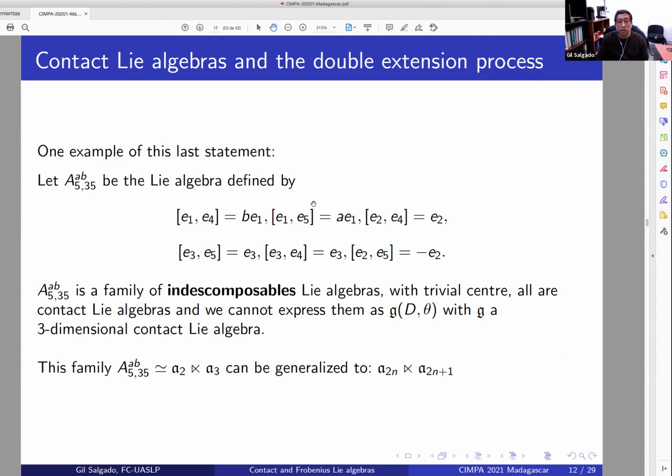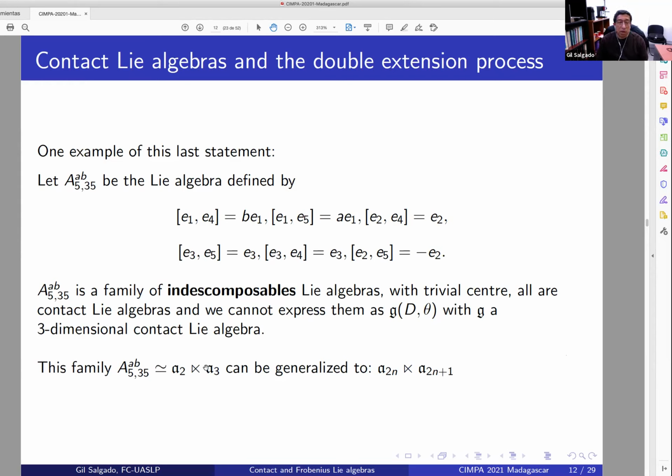Here is the A and here is the B. And this family of Lie algebras are indecomposable. The center is trivial, and all are contact Lie algebras, and we cannot express them as double extensions of a three-dimensional contact Lie algebra.